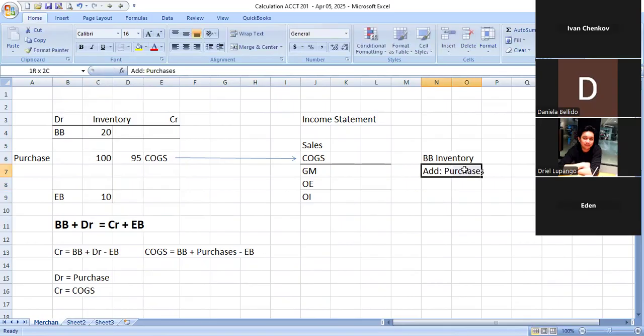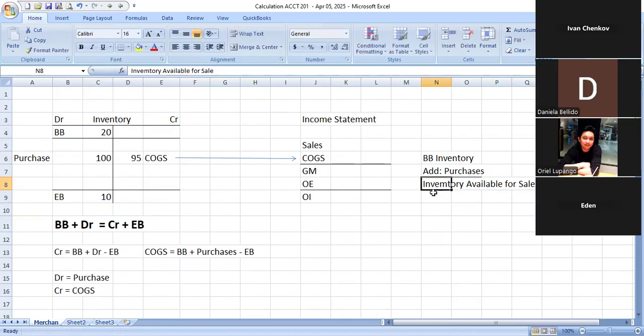That's going to give us how many goods we have, inventory available for sale.